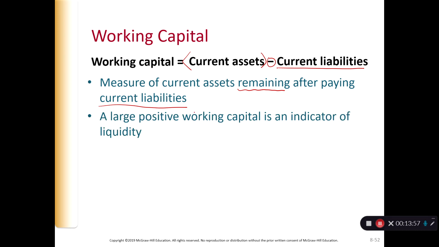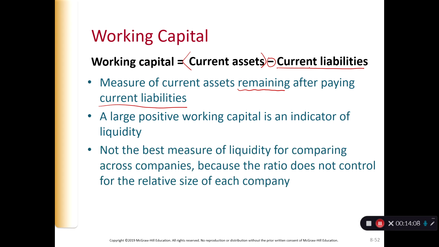So a large positive working capital is an indication of good liquidity, because you have a lot more current assets than liabilities. However, it's not the best ratio to measure liquidity, because it cannot compare companies to companies. The measure does not control for the relative size of each company.